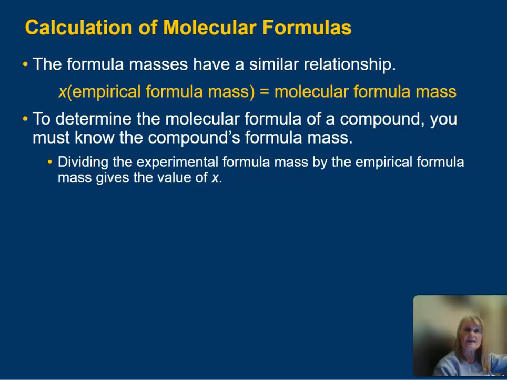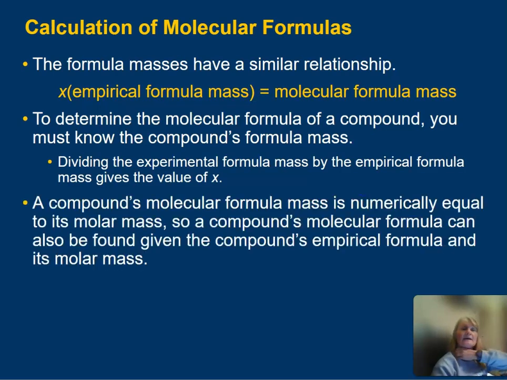That's your scale factor X. This slide just says that a compound's molecular formula mass is numerically equal to its molar mass, so the molecular formula can be found given the empirical formula and the molecular mass. Please do not write that down. Pick and choose what you write, guys. Not everything I put on the slides needs to be written down. In this case, all I would write is what's in the yellow.